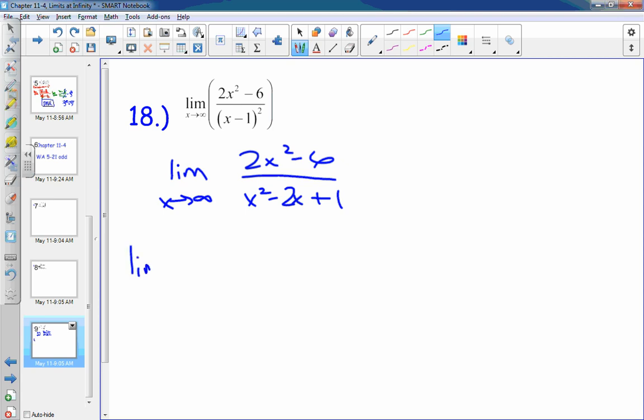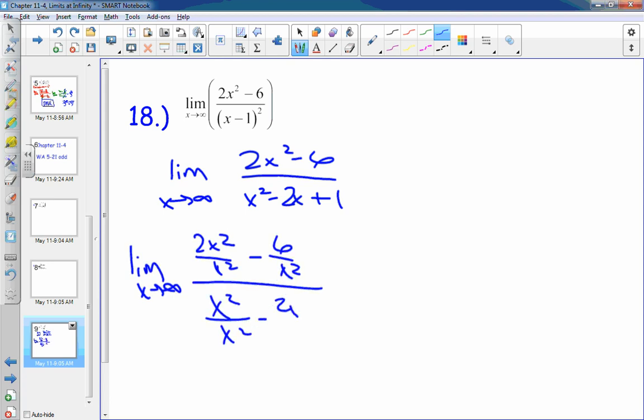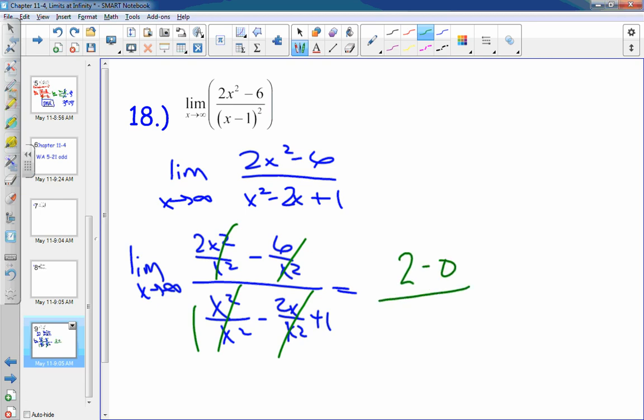Sure, that's the limit as x approaches infinity of 2x squared over x squared minus 6 over x squared, all over x squared over x squared minus 2x over x squared plus 1 over x squared. This becomes a 0, that becomes a 0. This becomes a 1. This becomes a 2. So I have 2 minus 0 all over 1 minus 0 plus 1.